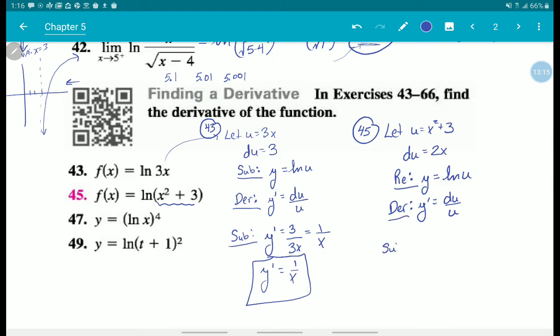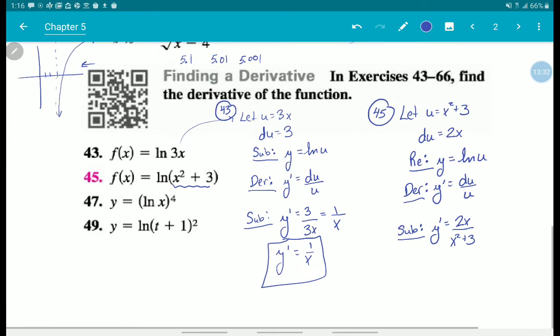And then if we sub back in, our du was 2x, and our u was x squared plus 3. So that's taking that derivative using the chain rule. Let's look at 47. We have y equals ln of x to the 4th.